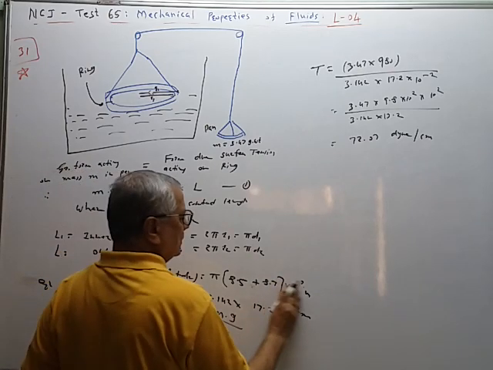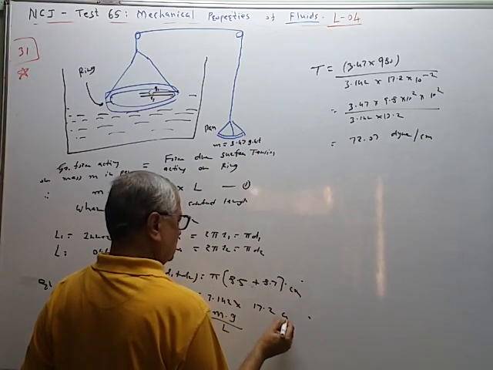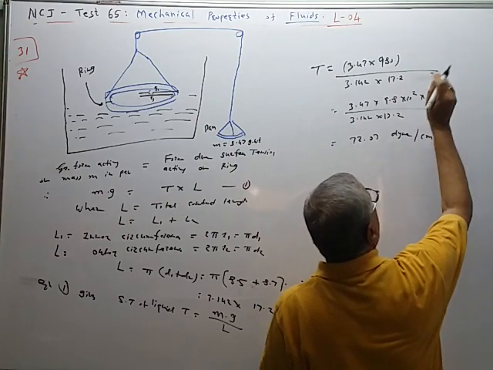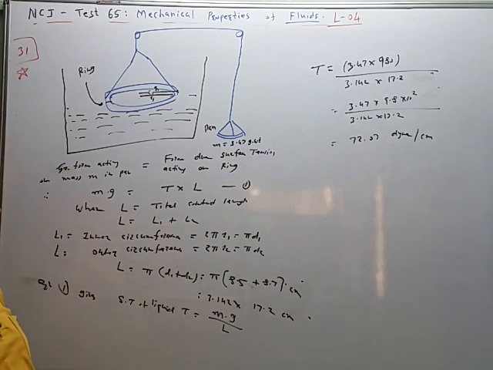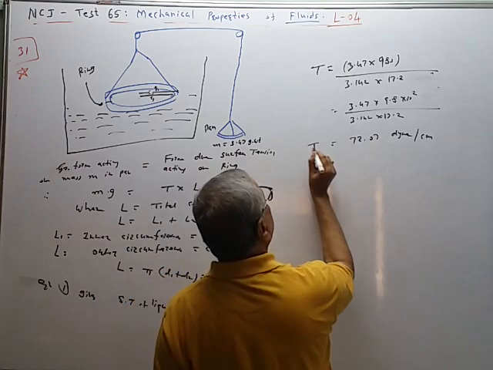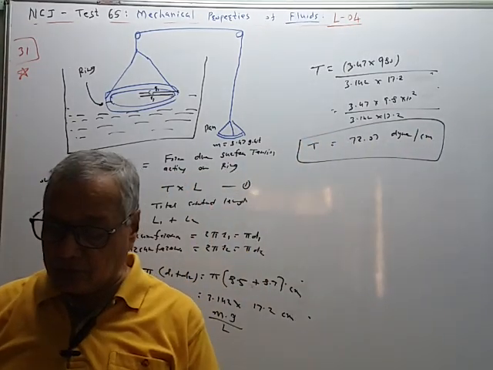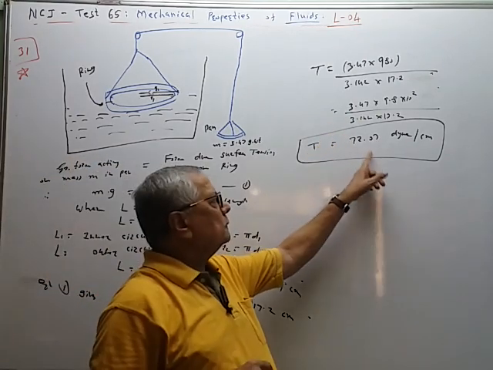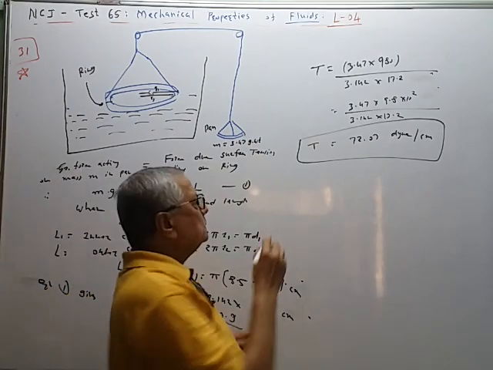Sorry, this should be in centimeter. So all the answers are given in dyne per centimeter. Therefore, we have to use the CGS system. So correct answer is this. So please check this. And therefore, the correct choice is A.